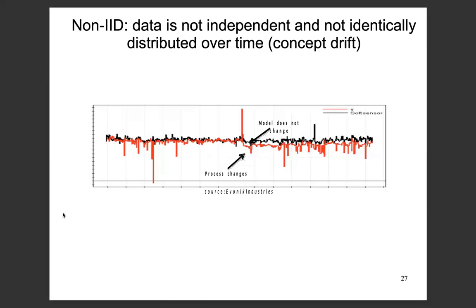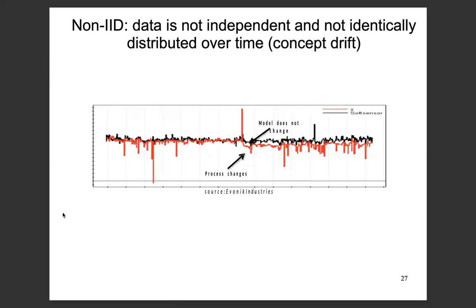So the little ups and downs are still in sync with what is happening. For example, here the ground truth goes down, and so the prediction also goes down, but they become out of tune. And that's one very standard example of concept drift, where the conditional distribution of the target changes as compared to the input data.